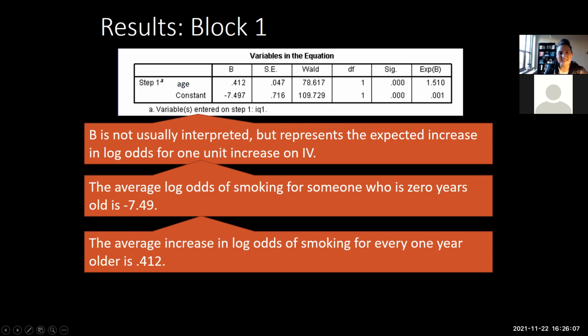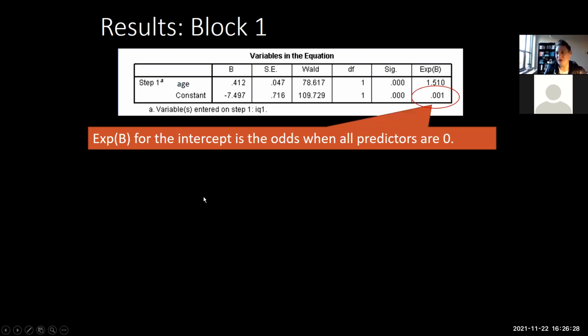The reason that I think this is not talked about very much is that it's just kind of difficult to explain. But essentially here, within the constant, the average log odds of smoking for someone who is 0 years old is -7. So again, not very interesting or helpful.